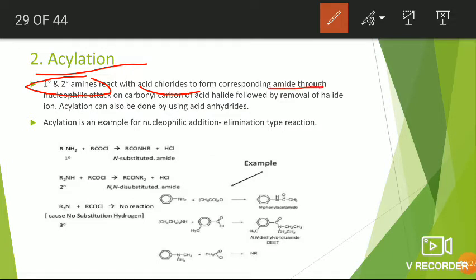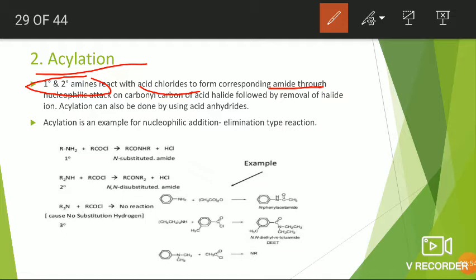In acylation of amines with acid halide or acid anhydride, we get the corresponding amide derivative. The reaction proceeds through nucleophilic attack of the amine on the carbonyl carbon of the acid halide or acid anhydride in the first step.